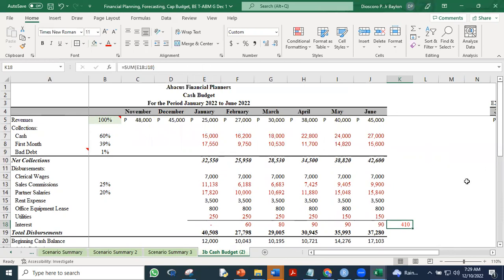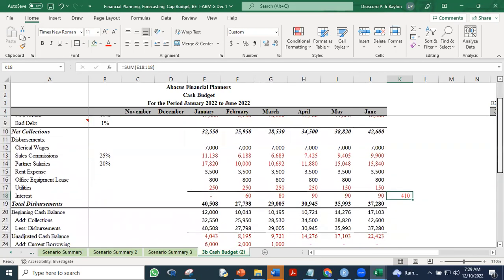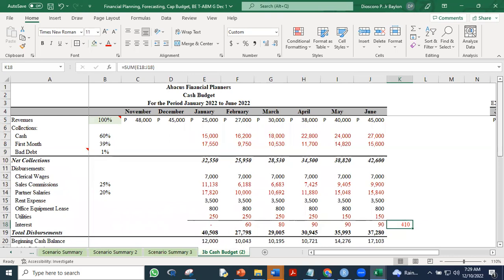By the way, the most popular method in forecasting financial statements, in particular, for example, sales, is the percentage of sales method, and that's discussed in the PowerPoint slide. Okay, that wraps up our discussion for this worksheet. Thank you so much.